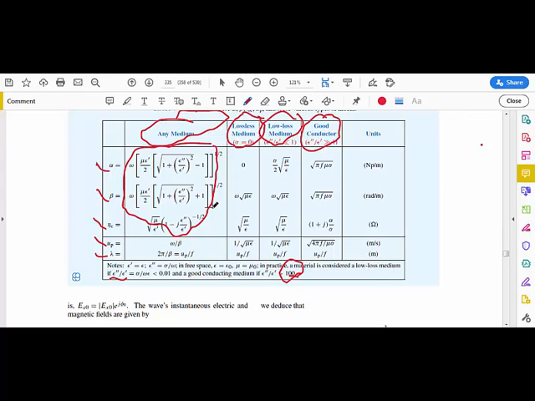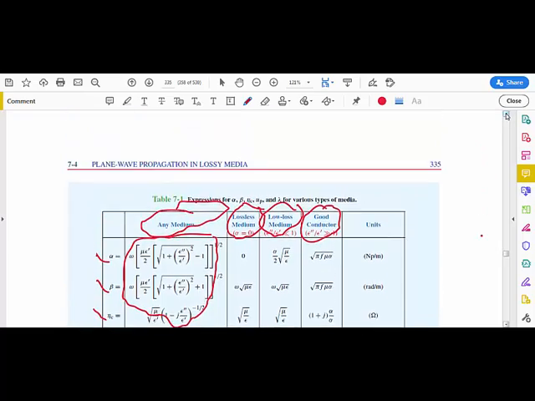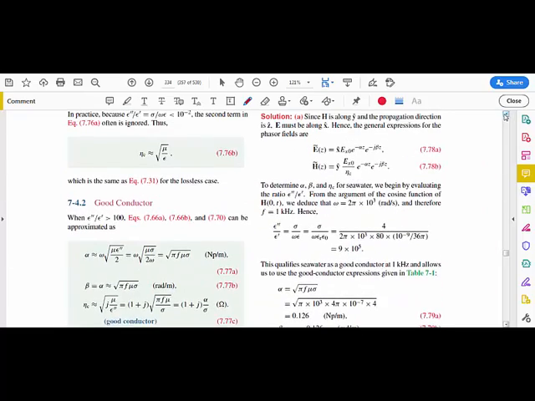So we could use any of these rules according to the type or the behavior of the material. That's good. Let's get back to our example.